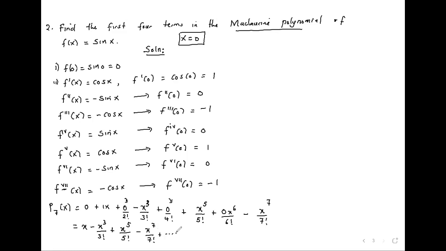It keeps going. So if they now ask you to write this as a series, at least you have an idea. You've seen that all the powers of x that you're getting here are odd powers. It's best to say they're odd powers, because we would just be skipping the even ones.